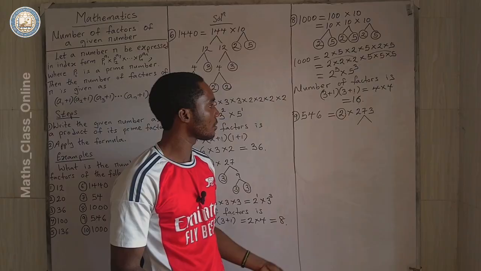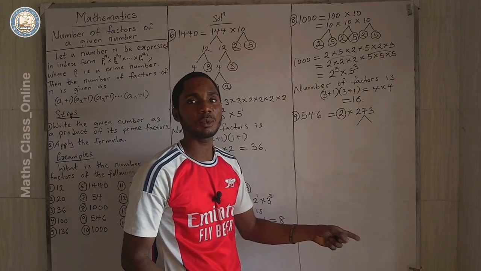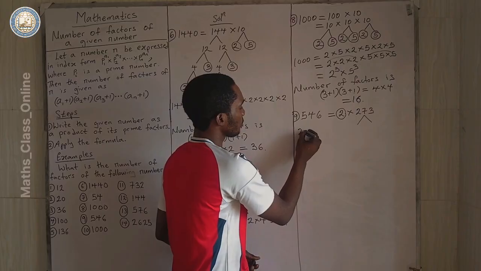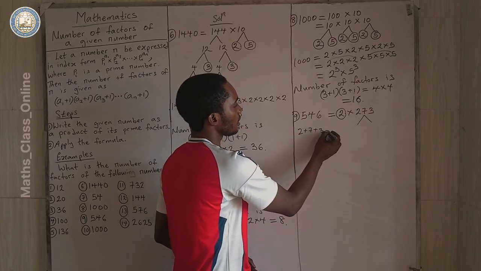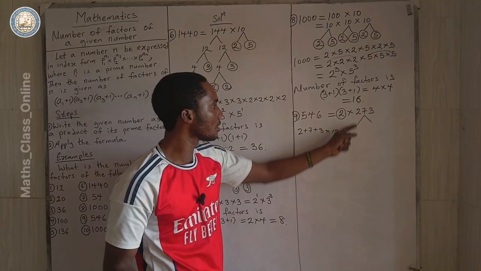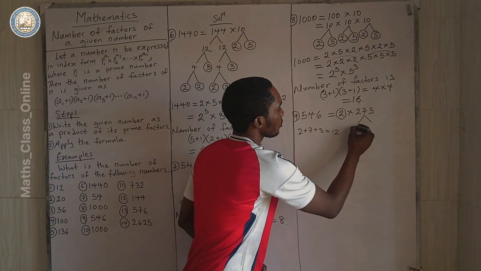Let's test for 3. 273 will be divisible by 3 if the sum of its digits is divisible by 3. 2 plus 7 plus 3, this is 12. Can 3 divide 12? Yes, that means 3 will divide 273.